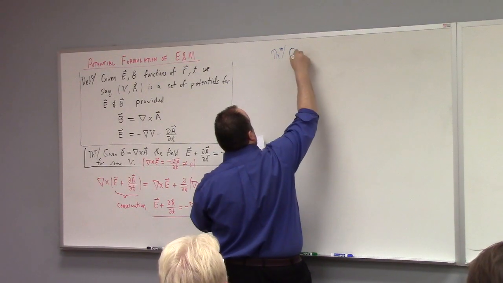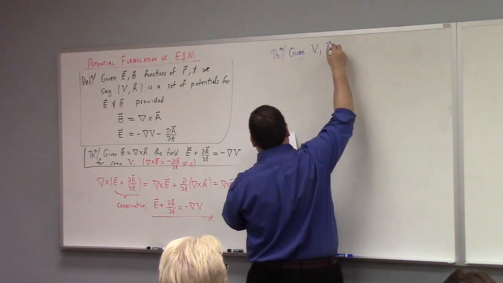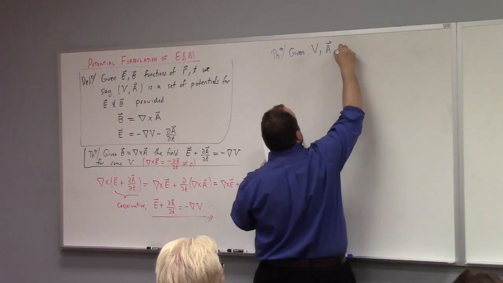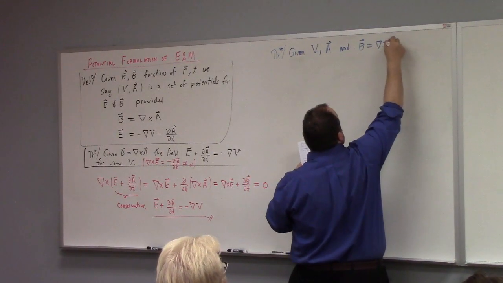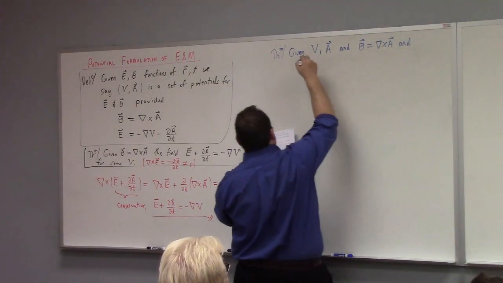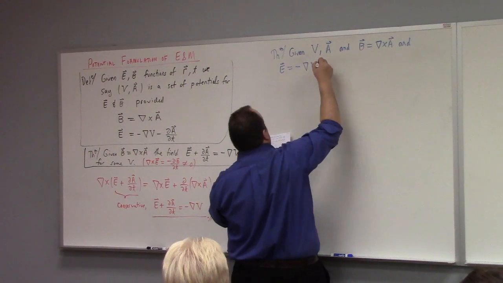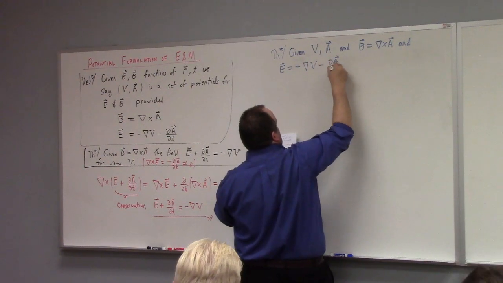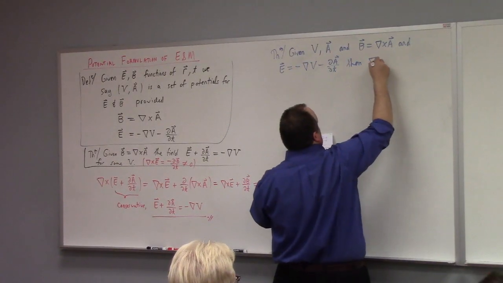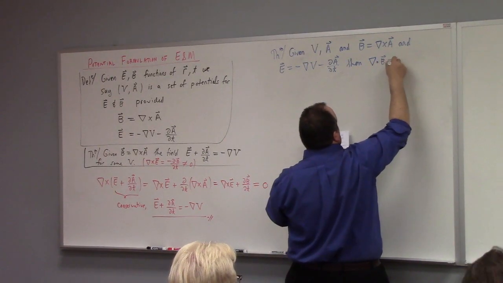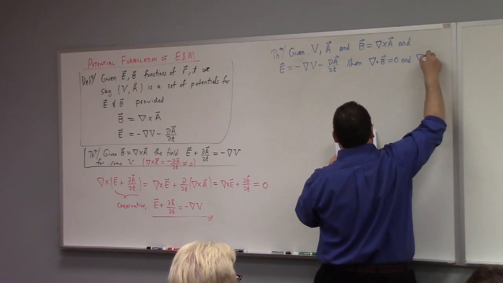Given a voltage and a vector potential, and as we were just talking about, B is the curl of A, and the electric field is minus the gradient of the voltage minus the time derivative of the vector potential, right? Then guess what? There's no magnetic monopoles, and Faraday's law holds.